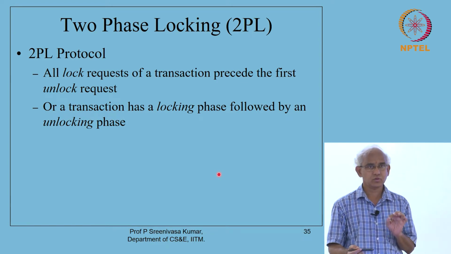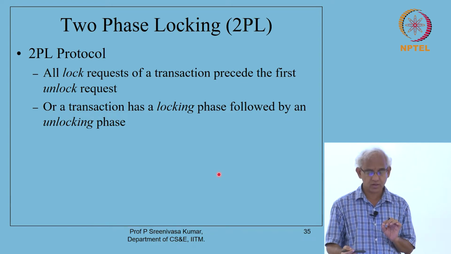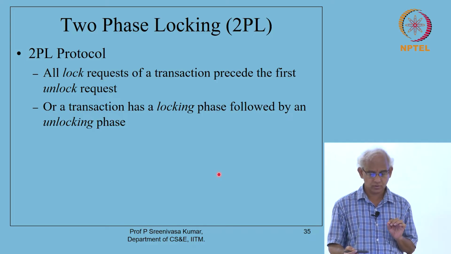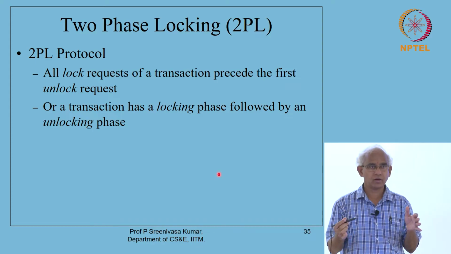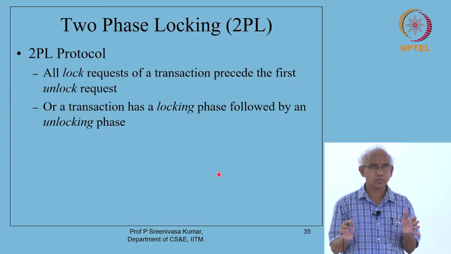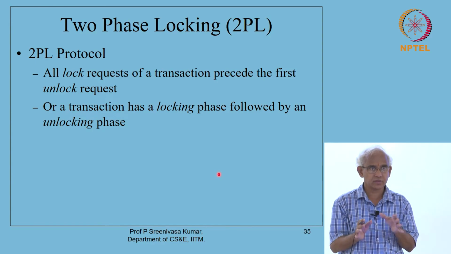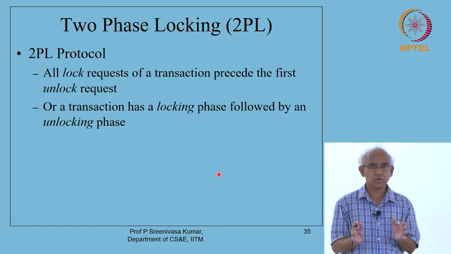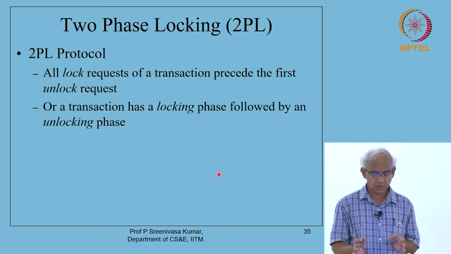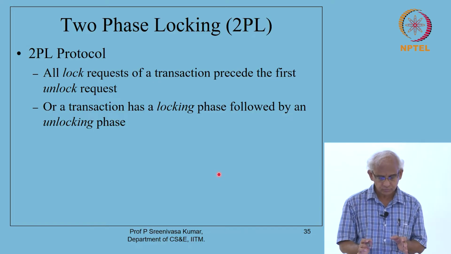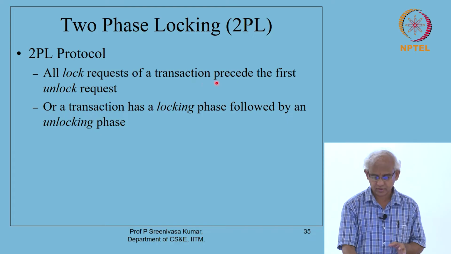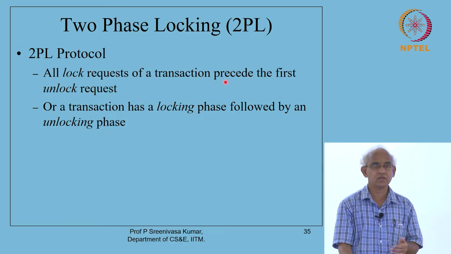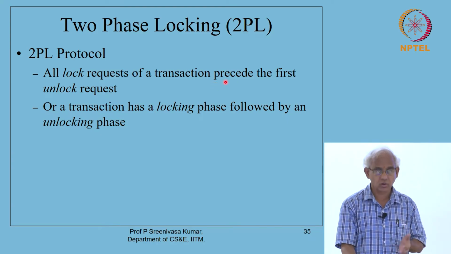Two-phase locking is a locking protocol that has to be followed by all the parties, and all the transactions have to simply follow this particular rule. What it says is that all lock requests of a transaction have to precede the first unlock request.